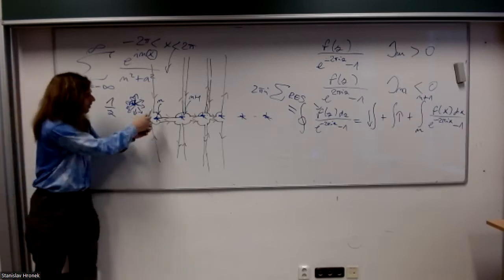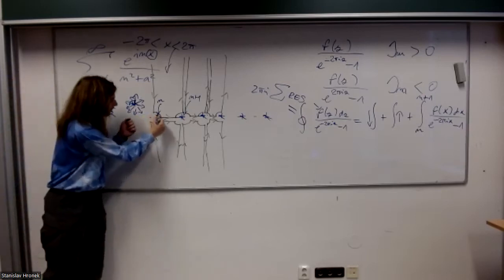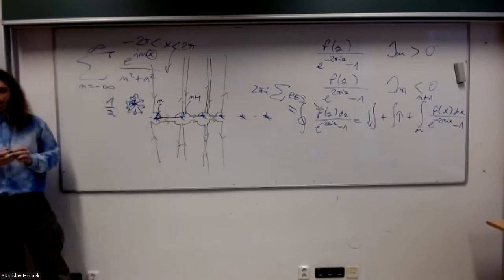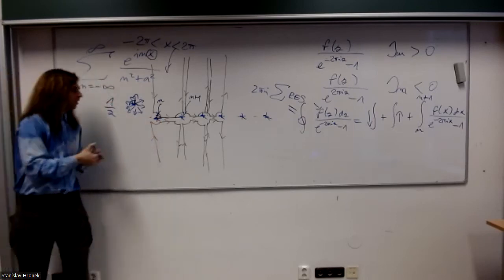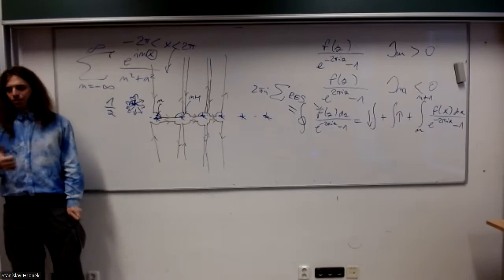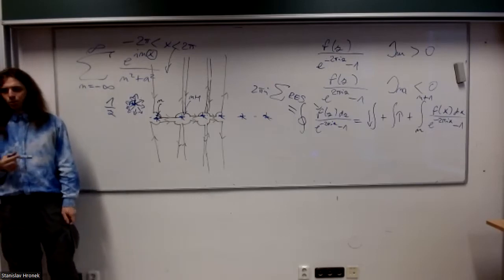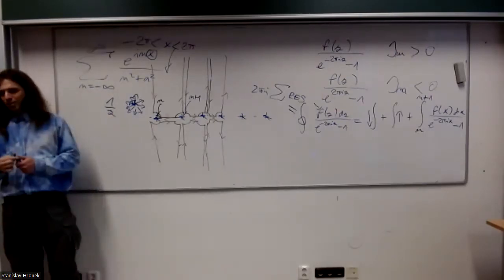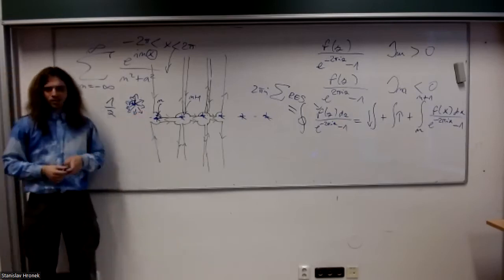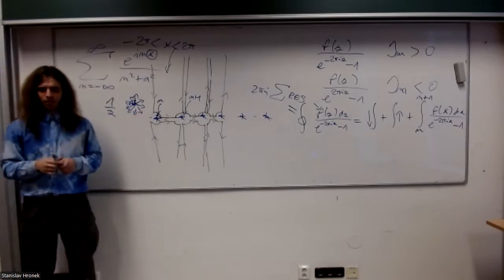So if I make a very, very small circle around this pole, I'm going to get not 2 pi i times the residue, but I'm going to get only pi i over 2 times the residue, because I'm going a quarter of the way, so I'm going to get a quarter.